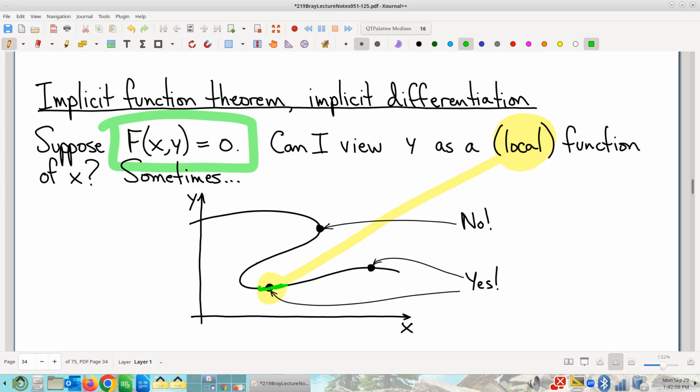Now, why would we care about such a question aside from mathematicians liking to play games? And the answer is sometimes when you have a curve, and let me go back to considering the whole thing, sometimes you would like to be able to, I don't know, maybe I want to compute the slope of the tangent line to this curve, let's say at a point like this.